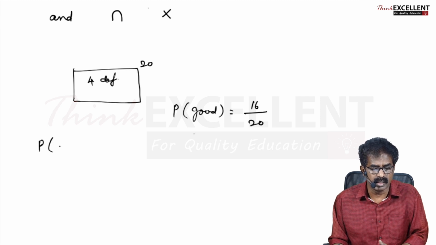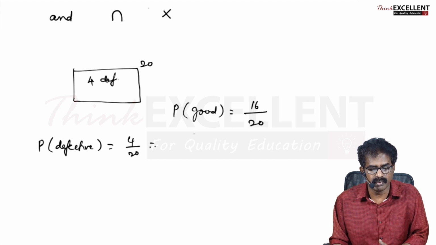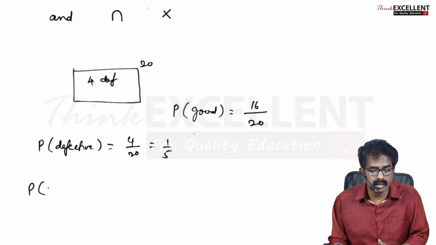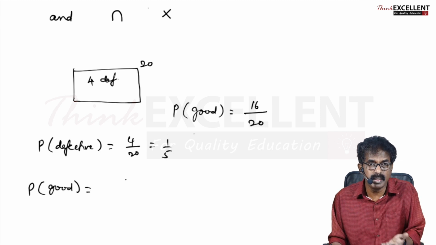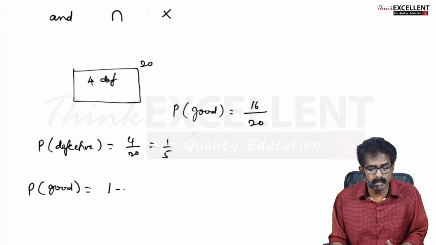Or you can do it in another way. Probability of getting a defective one is equal to 4 by 20, right? You can simplify, it is 1 by 5. Probability of getting a defective. The question is probability of getting a not defective, that is a good one. That means it is actually a complementary event, right? So it is 1 minus probability of getting a defective. Like that also you can write.